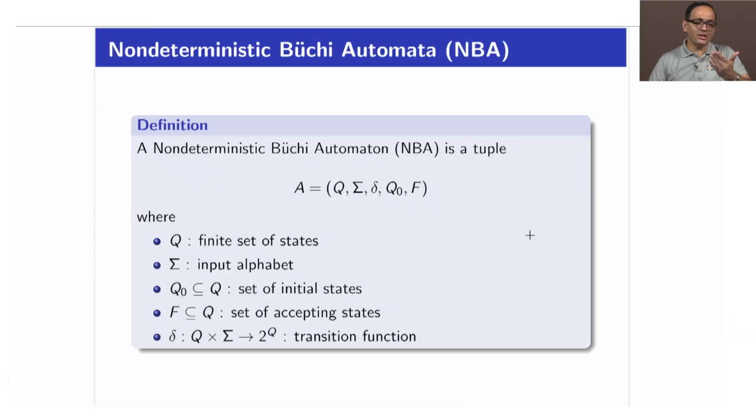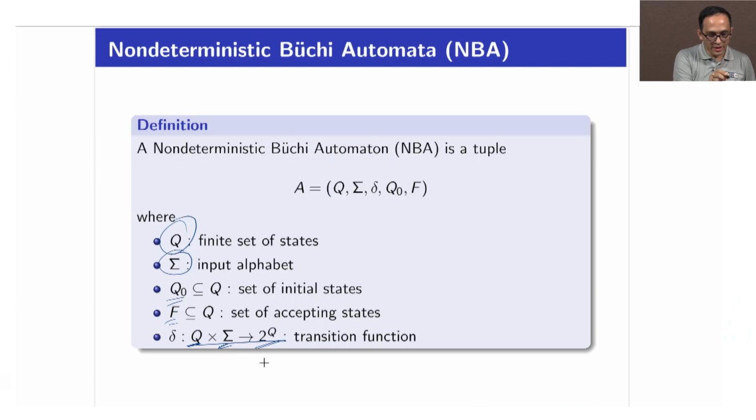So, let us define what an NBA is formally. You have already seen the model. It basically has a set of states Q, a set of input alphabets, some state Q0 which is the initial state, and F is a set of accepting states or final states. It is a subset of Q. This is important: if you are in a state and you give an input, you will get a subset of next states.